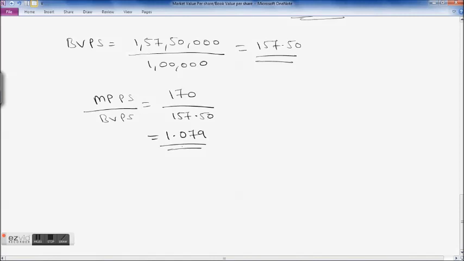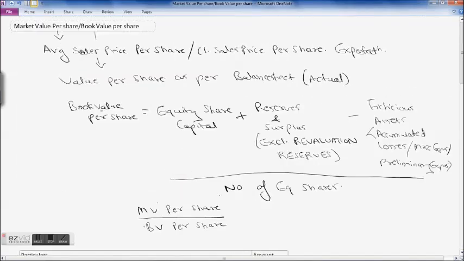This is the ratio of market value upon book value. So you can see that the expectation of the customers is higher as compared to the actual book value per share. So that was about market value per share upon book value per share. Thank you.